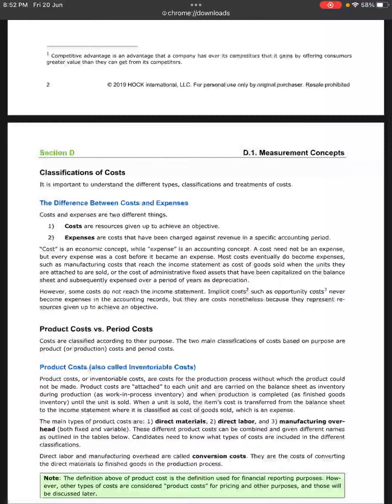Some YouTube error is coming here. Okay, cost and expenses. We don't go deeply, but simple.